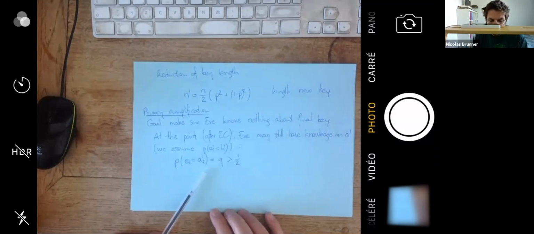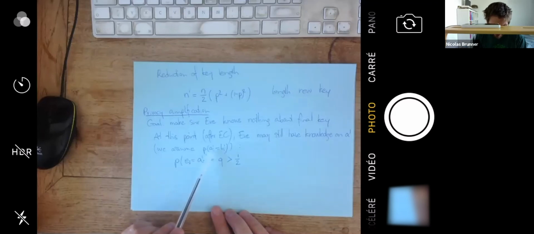And that is of course the thing we hope for. But at this moment, this is not the case. The probability that Eve knows the key is still larger than 1/2. So somehow, similarly to error correction, we will describe a protocol to define a new key from these A prime here. And on this new key, we will prove that Eve knows less than on A prime. That's the idea.